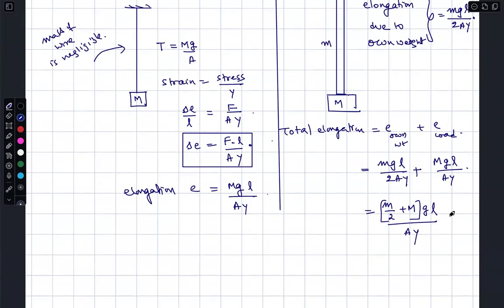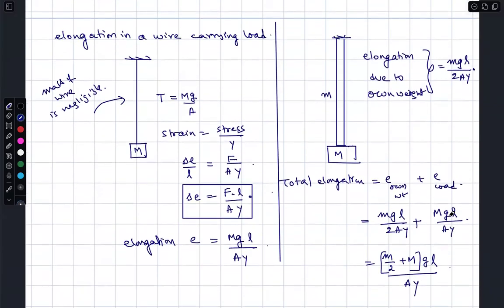Both are famous relations. Even in Mains, you will get these questions where you will simply directly substitute and thereby get the marks. Hope you have understood this.